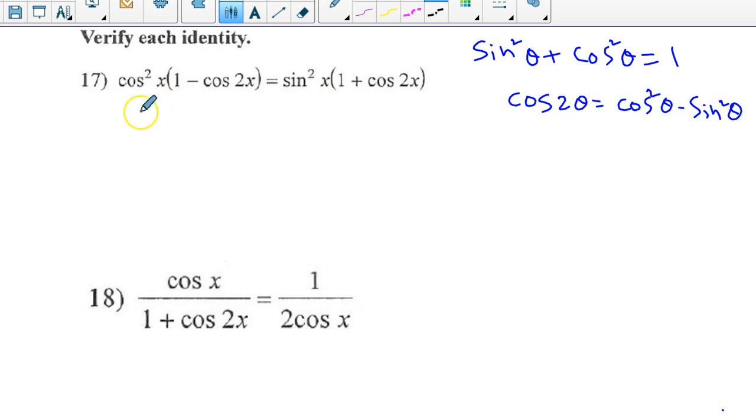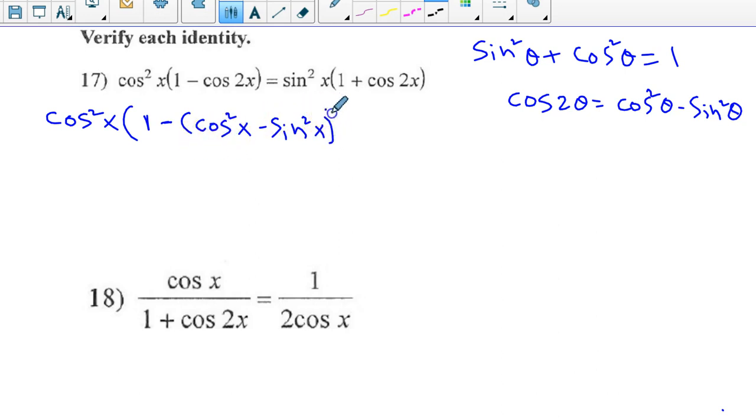Alright, okay. Now on the left hand side we have cosine square x times 1 minus cosine 2x. Cosine 2x is the same as cosine square x minus sine square x. So 1 minus parenthesis cosine square x minus sine square x, close the parenthesis.